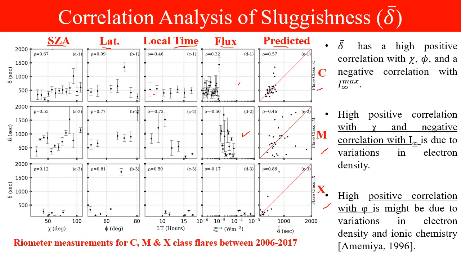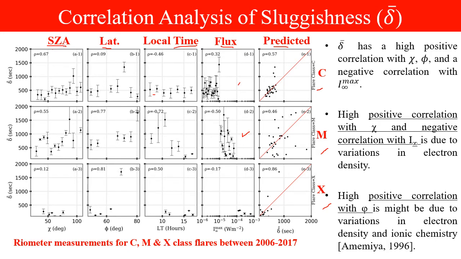Similarly, if you have a lower class flare, or less ionizing irradiance, then you have less electron density, which leads to a higher amount of sluggishness. So that's why you have a negative correlation with peak flux and a positive correlation with solar zenith angle.